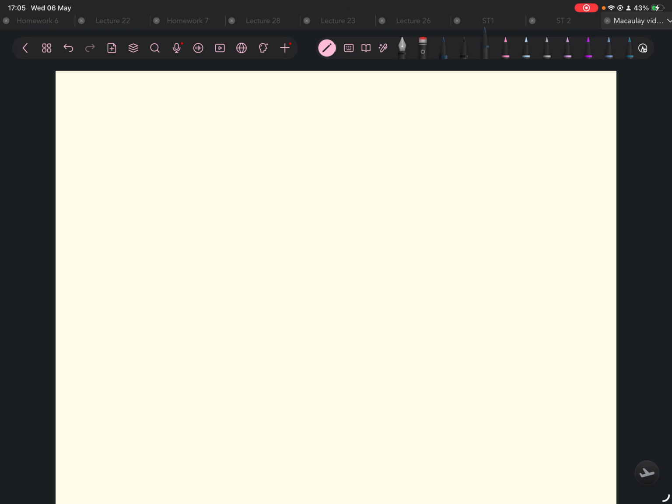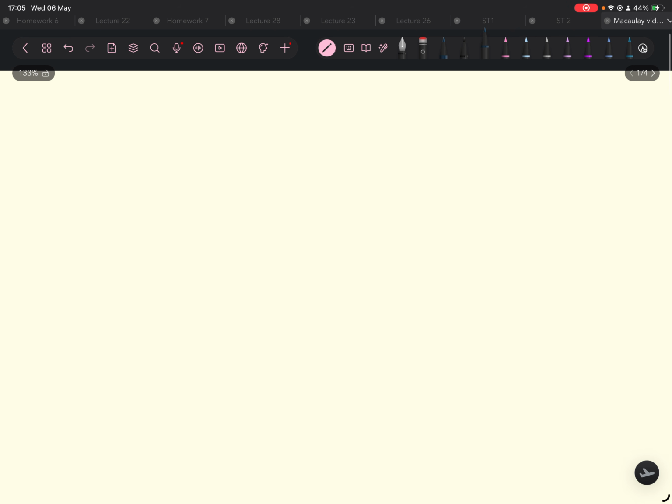Okay, so we're going to look at the Macaulay method for beams, but to start, I guess, we'll get an understanding of what the Macaulay method is. So when you have Macaulay brackets, this basically expresses a piecewise function, right?